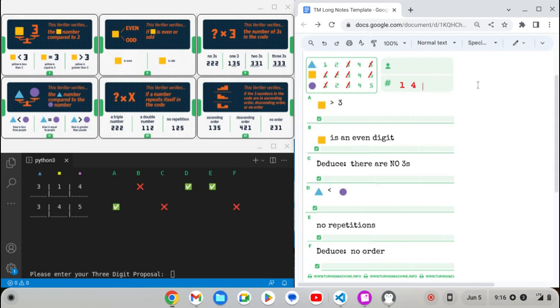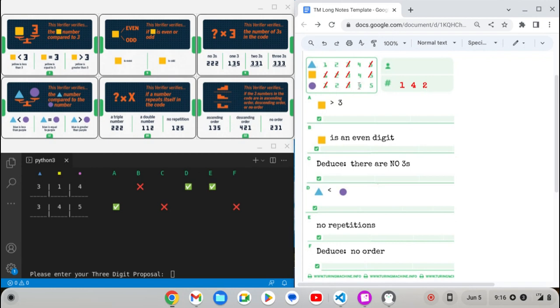Okay, so let's go back and kind of review. Since I do know square is 4, and it's not ascending as I had, it has to have no order. So it can't be 5, and because it's unique, it can't be a 4.